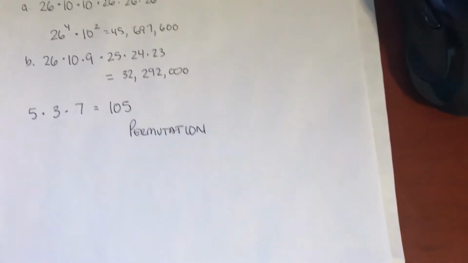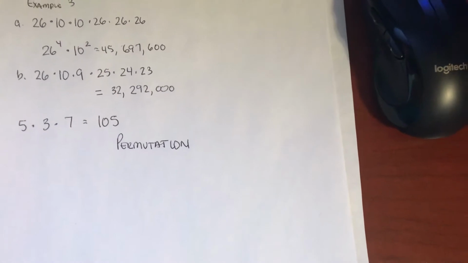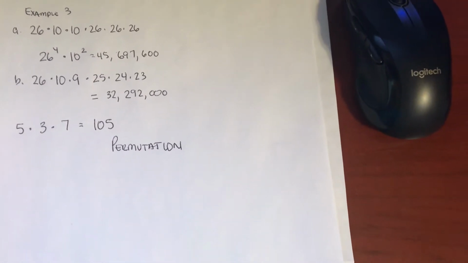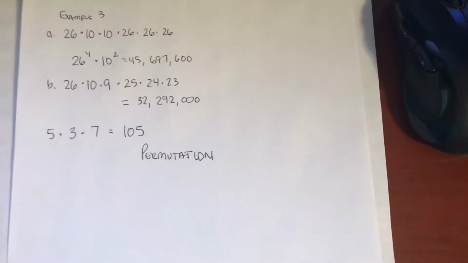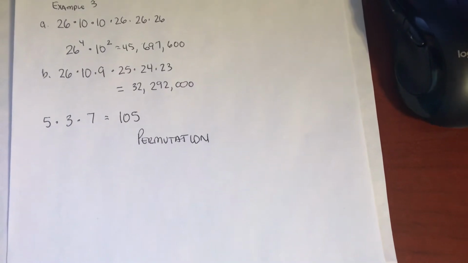The way a permutation is defined, we define it as an ordering of objects when the order matters.